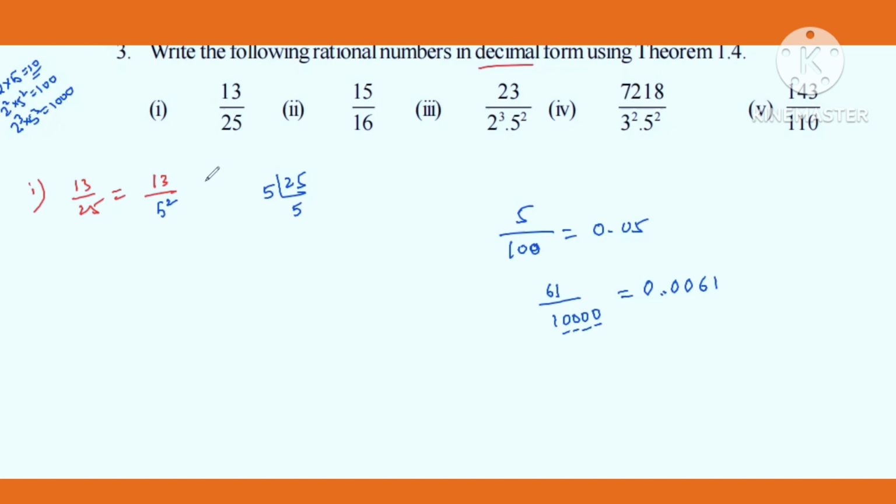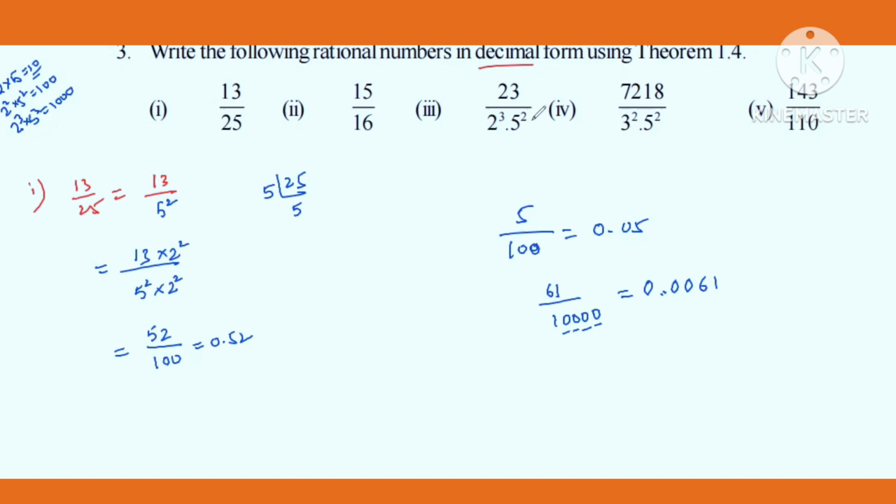For that, what to do? Here 13 is there, 5 square is there. If we had 2 square, then we get 100. So we multiply with 2 square. So 13 into 2 square means 13 4s are 52 by 100. So the answer is 0.52. That's all. Very simple.